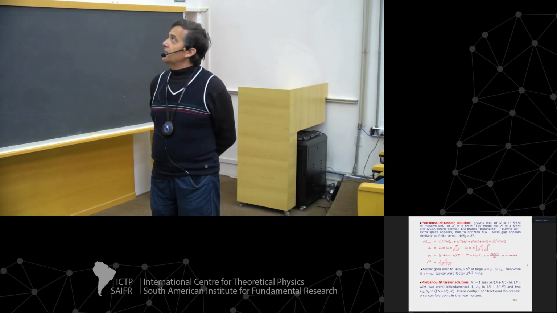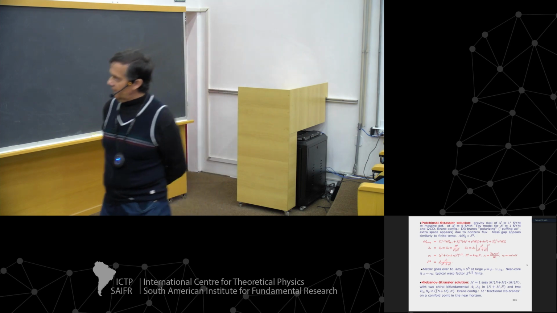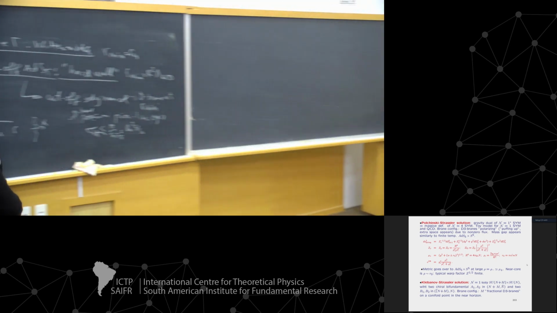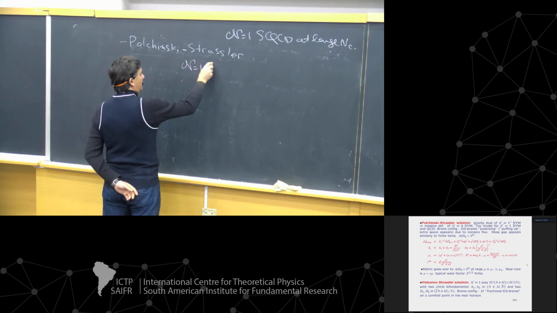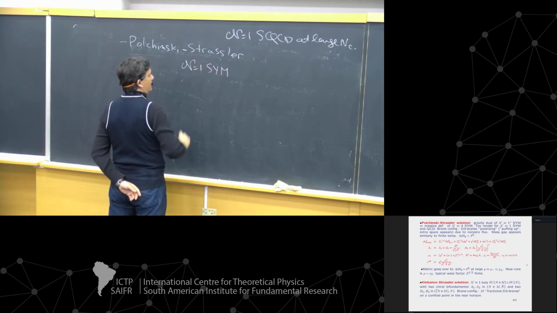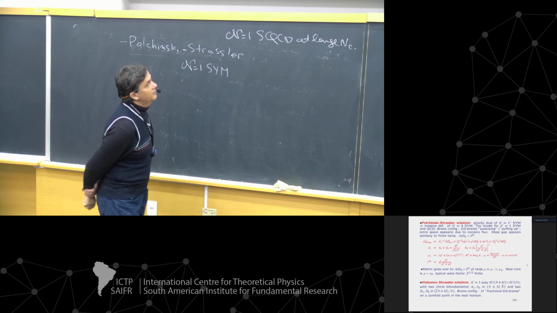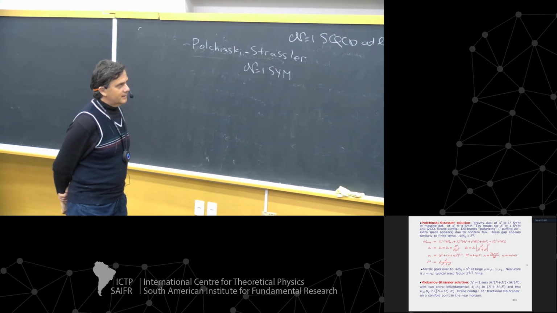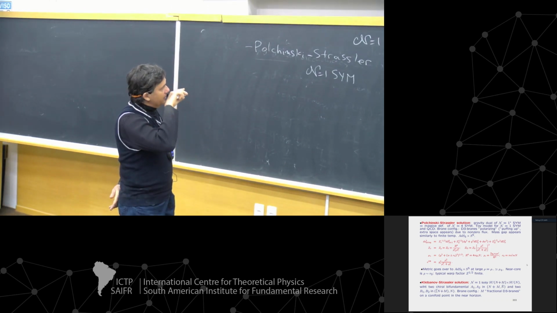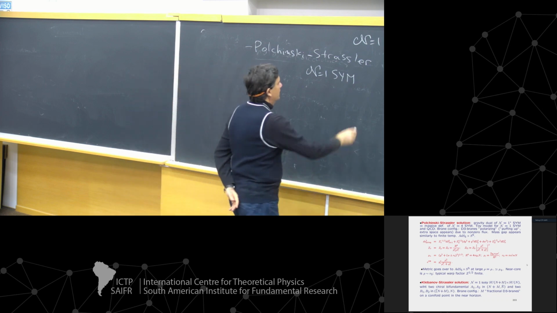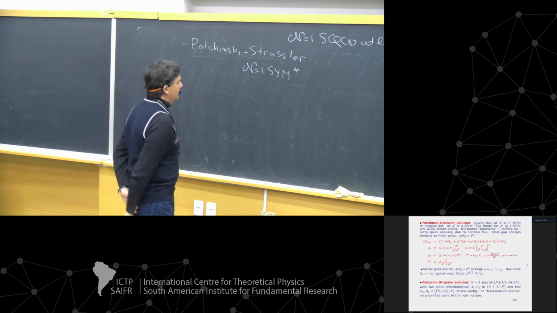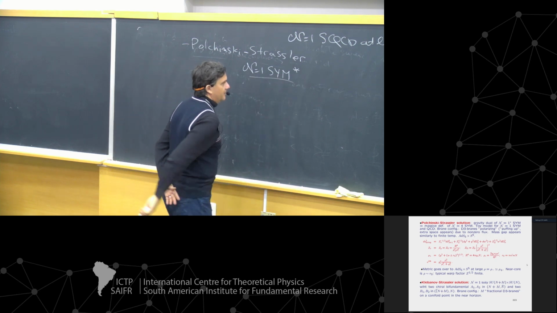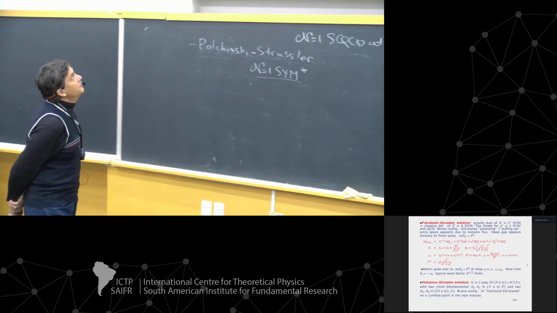So the Polchinski-Strassler solution also wanted to obtain that, but even a little bit less, so not QCD in the sense of super-Yang-Mills plus quarks, but just super-Yang-Mills. So it wanted to describe this, but in the end describes something that we'll call N equals 1 super-Yang-Mills star, which is a deformation of super-Yang-Mills.